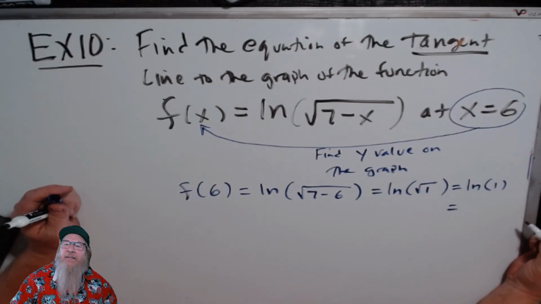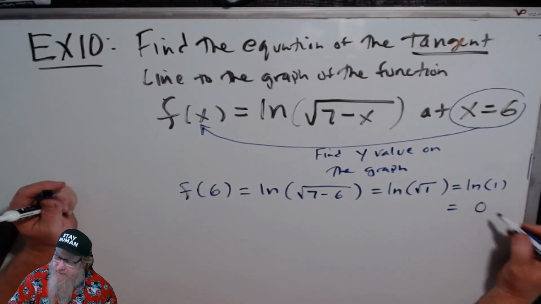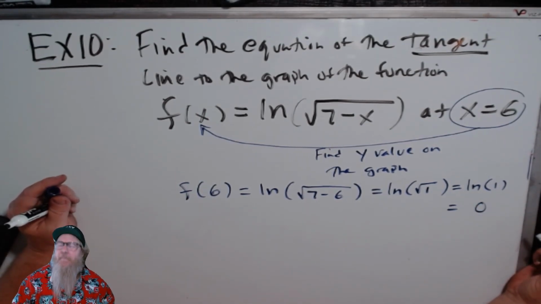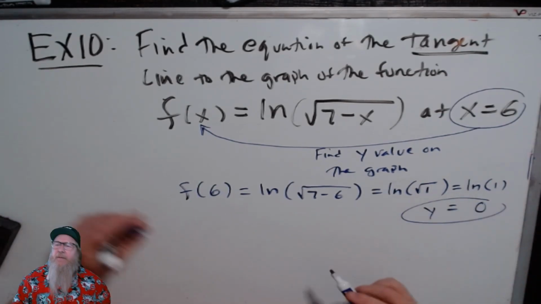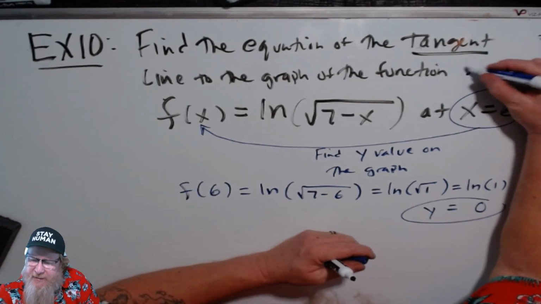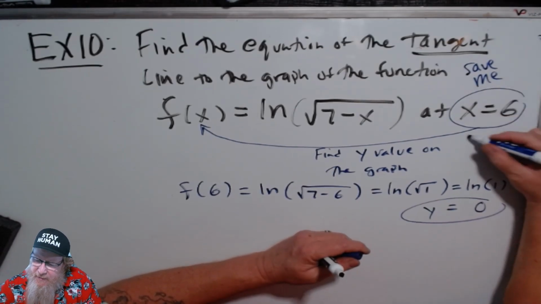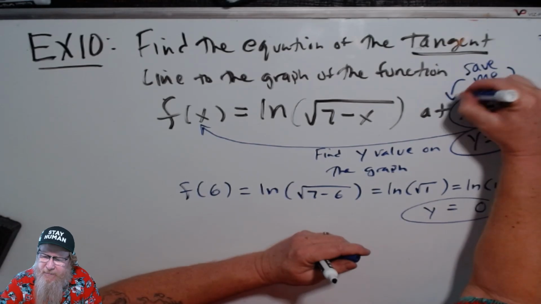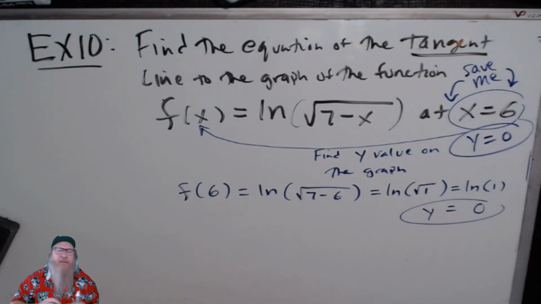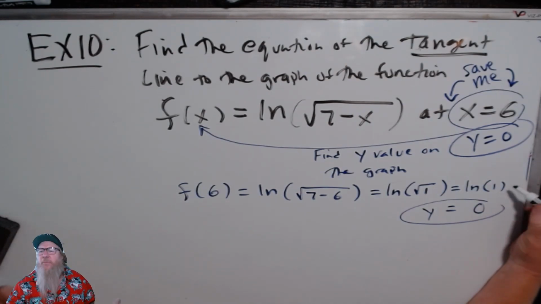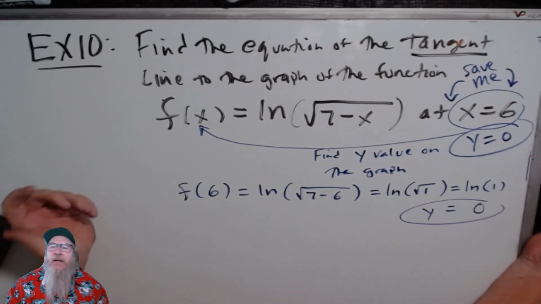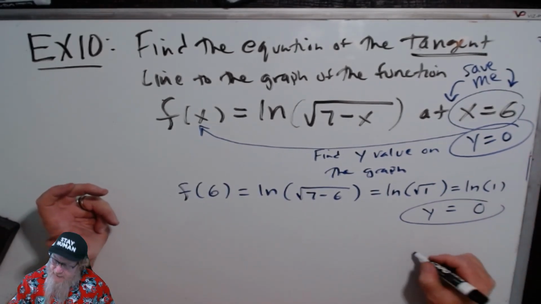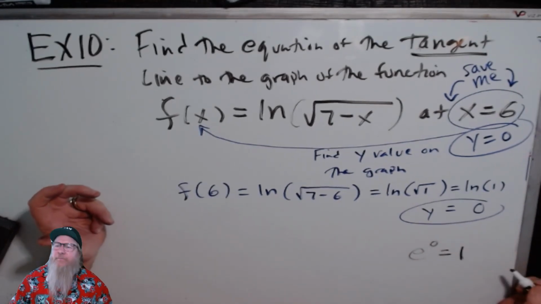Another fun fact, the log of 1 is 0. All right, so we're going to save this. x is equal to 6 and y is equal to 0. We'll come back to that later. If it's been a while since you did algebra, you could just put ln of 1 in your calculator, and it'll tell you it's 0. The reason why it's 0 is because e to the 0 is 1.